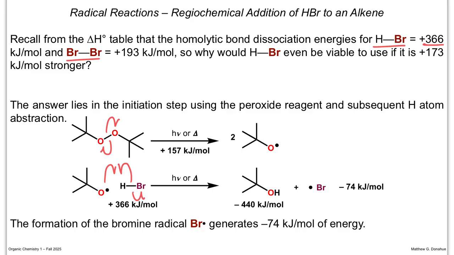Now the bromine radical, since we're not using just a standard alkane, we have an alkene. It's going to react with the pi bond of the alkene.